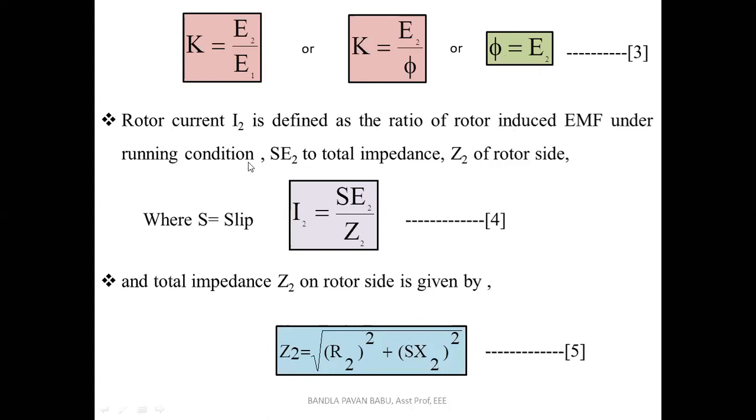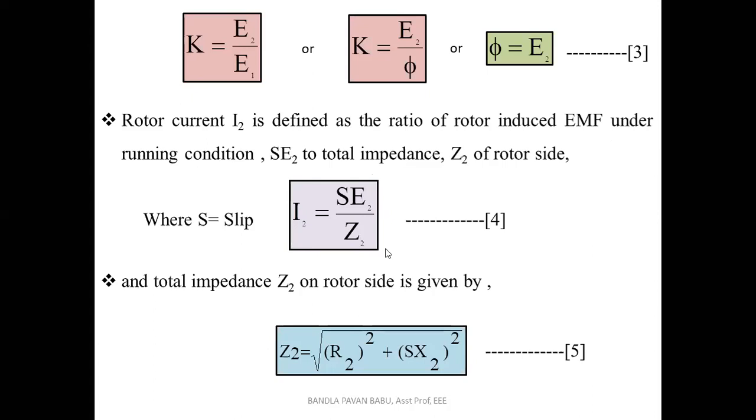Now look at this point: the rotor current I2 is defined as the ratio of rotor induced EMF under running condition to the total impedance Z2 of the rotor side. We know that I equals V by Z, the voltage to the impedance.